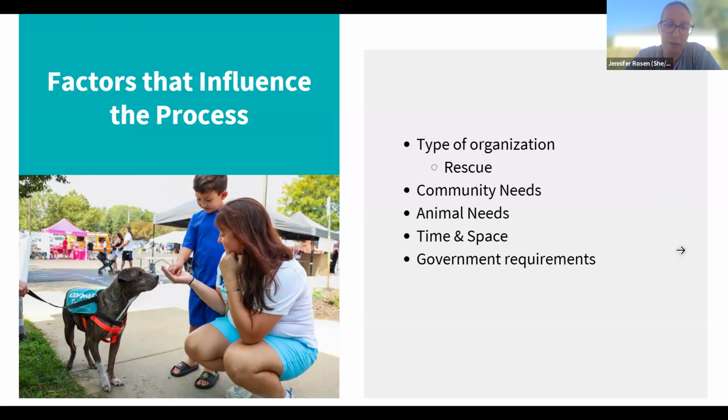A common term we use in the animal welfare field is that there's a difference between a brick and mortar facility, where we actually have a building to work out of, or multiple, whereas a lot of rescues or smaller organizations can be foster based. So when Ashley was talking about them being run through foster programs, it means they don't actually have a physical place for the rescue to do work.